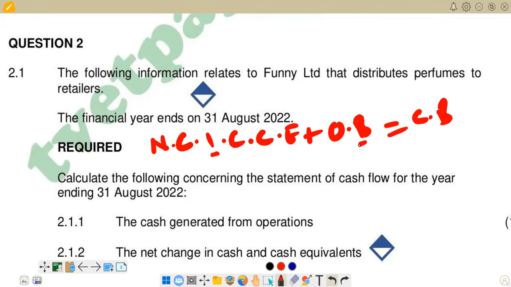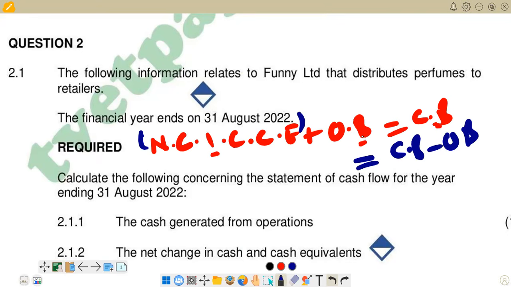But we have the figure for opening balance and we have the figure for closing balance. So simply, to find the figure for net change in cash and cash equivalents, we can make this one the subject of the formula. So then it becomes closing balance minus opening balance.